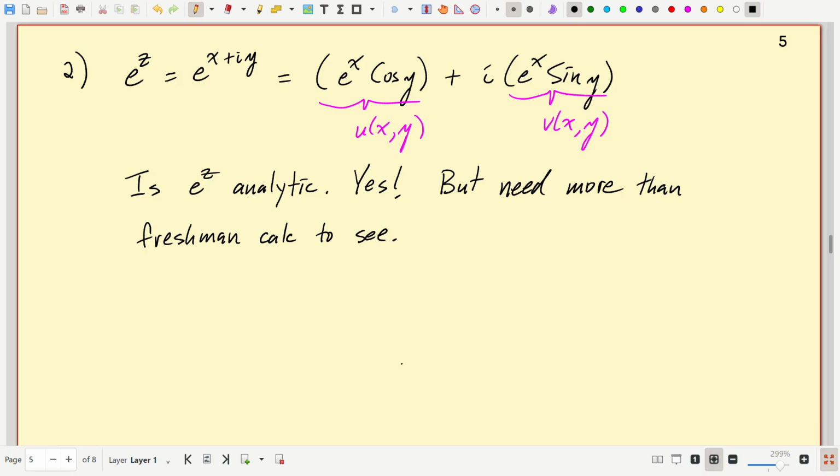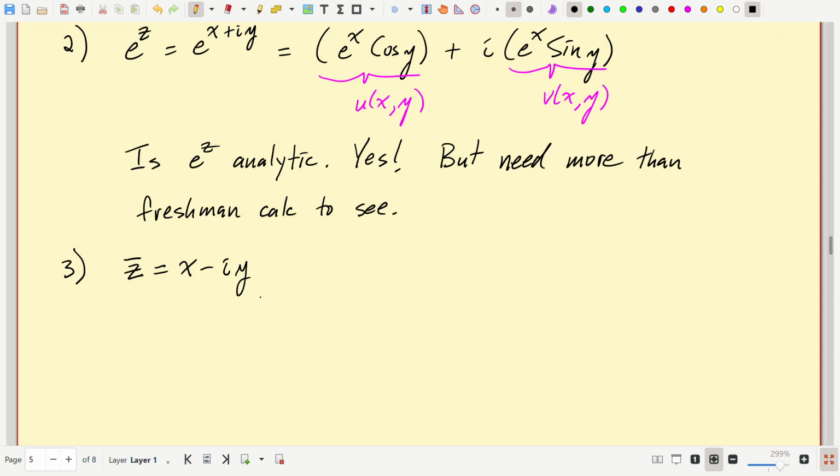The next question you might ask is something simple like z bar, which is x minus iy. Oddly, that x and y look like very nice things, so you think, sure, that's going to be complex differentiable, but in fact, it's not.